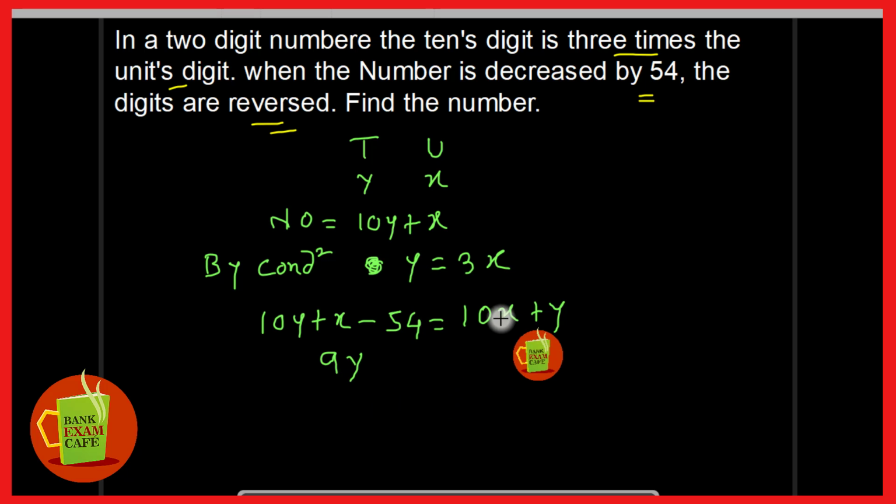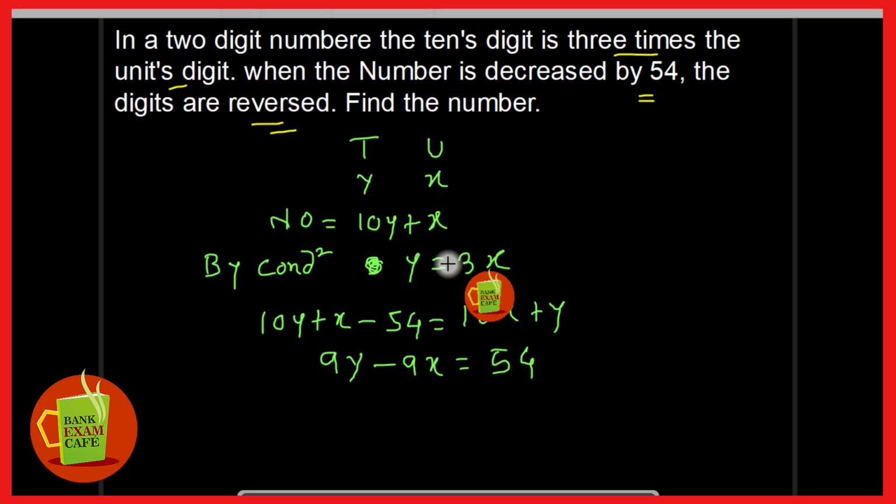And this will be 10x and x. So if you take 10x to this side, it will become minus 10x and plus x, that will be minus 9x, which is equal to, take 54 to the other side, so which is equal to 54.